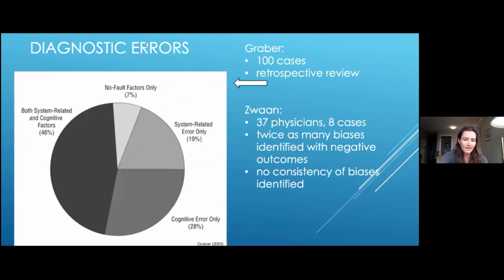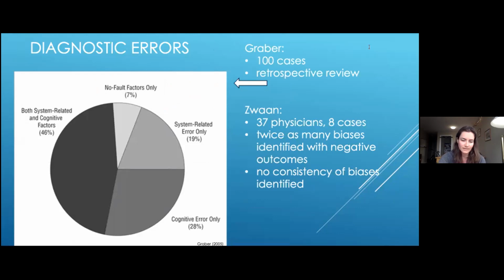And so people have tried to study how much of diagnostic error is attributable to cognitive errors or heuristics. And as it turns out, this is a really difficult thing to study. Somebody did this study, I think it was like 2005 or so, where they basically took 100 cases.